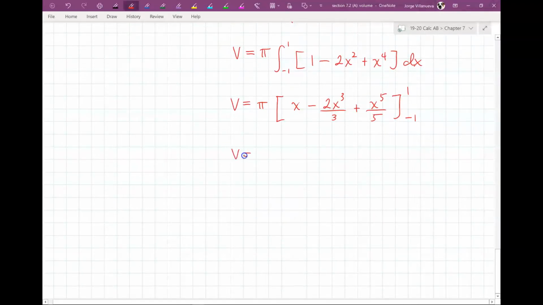So volume is equal to pi times, for the 1, we're going to get 1 minus 2/3 plus 1/5. And then for the -1, we're going to get -1 plus 2/3 and then minus 1/5.